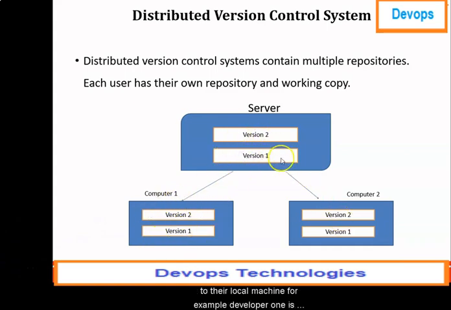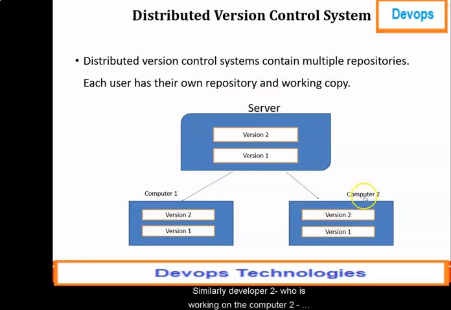For example, developer one working on computer one clones the complete code from the server, not just a particular file, to his local machine, and then he can work like an independent machine.